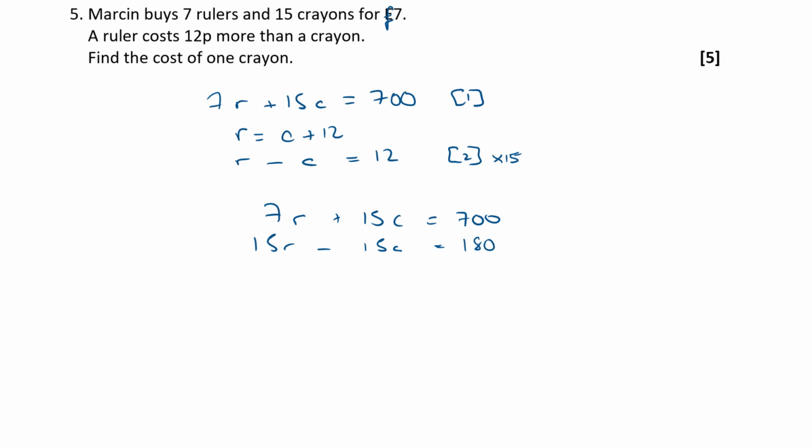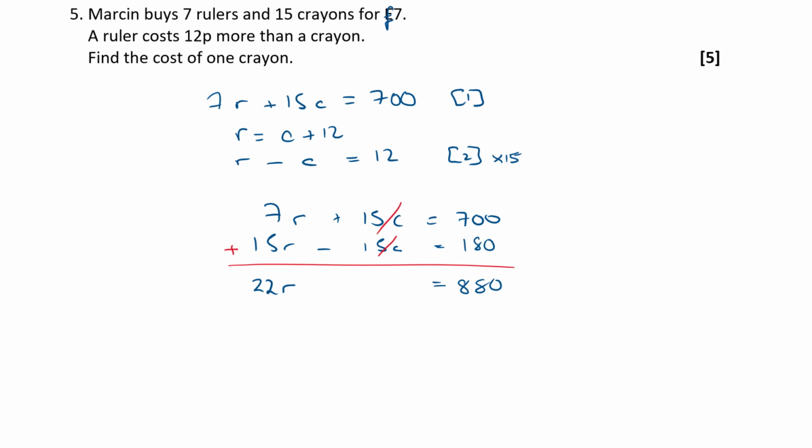So now you can see I've got a positive 15C and a negative 15C underneath it. So I want to add them, so I can cancel out the 15Cs. So I've got 7R and 15R. That's going to come up to 22R. These 2 things are just going to cancel each other out when I add them together. And 700 plus 180 is 880.